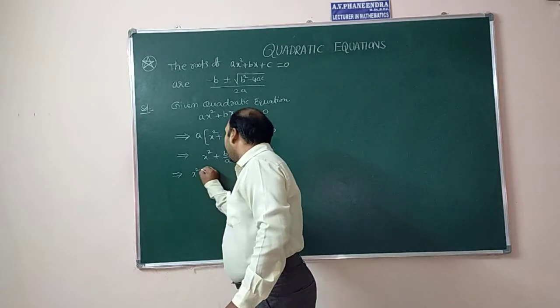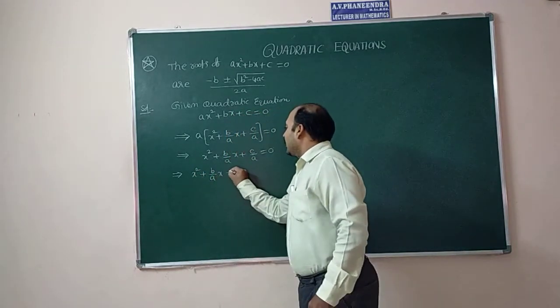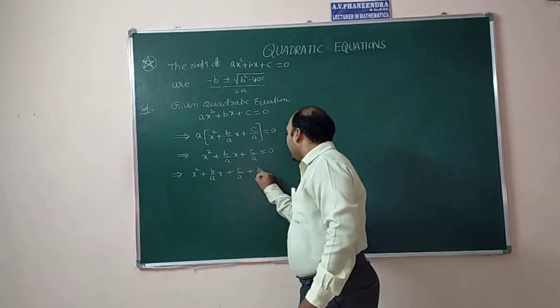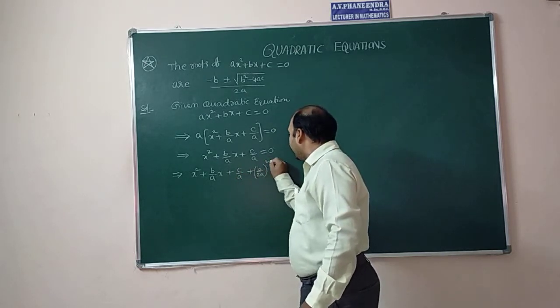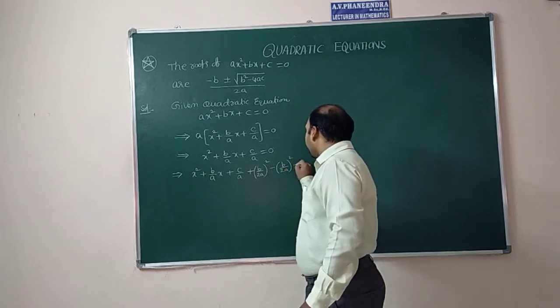So x square plus b by a into x plus c by a, we are adding b by 2a whole square and subtracting b by 2a whole square.